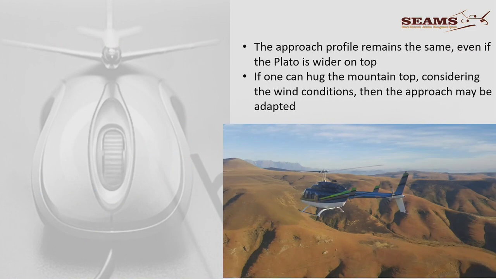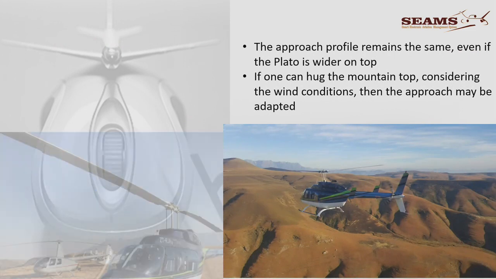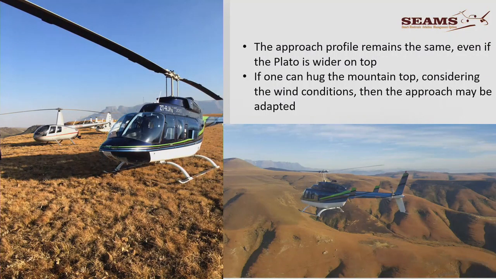All right, so let's have a look. Let's get some more pictures up there, then you can enjoy that. I said the approach profile remains the same even if the plateau is wider on top. If one can hug the mountain top considering wind concerns, then the approach may be adapted.